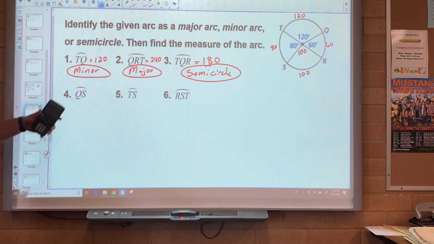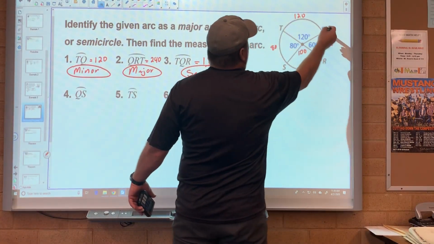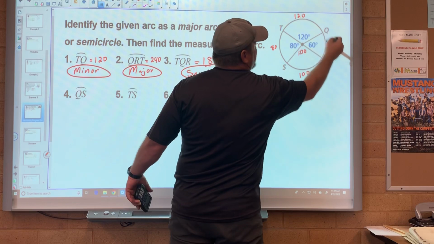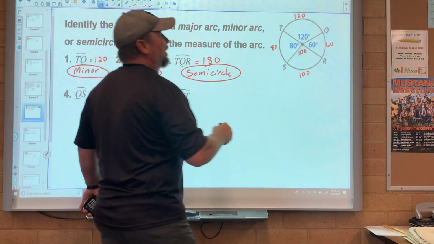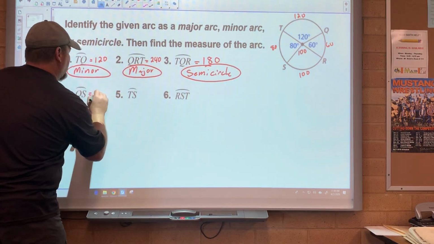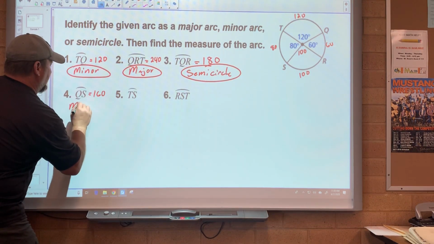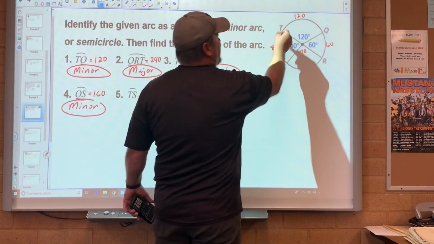Okay, Q to S, shortest distance, Q to S. Notice I didn't go this way. I went the shortest way there because there's only two letters. Anytime there's two letters, it's the shortest way there. So it would be 160, which is minor. T to S is 80.